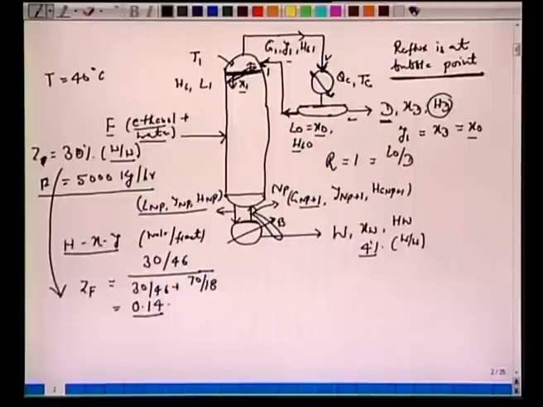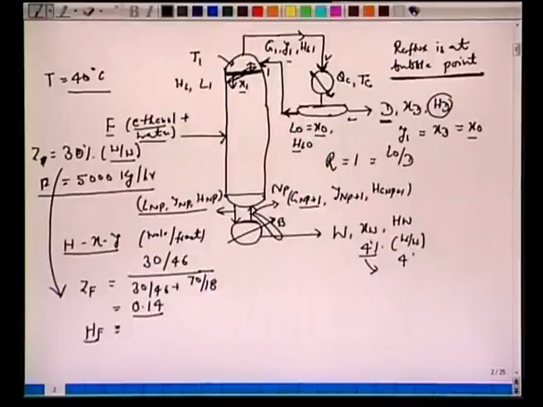Now for this composition, mole fraction, and temperature fixed at 40 degrees centigrade, one can also obtain the enthalpy of the feed, HF. We'll talk about this. Right. Similarly, let's convert this 4% for XW, which is weight by weight, into mole fraction.